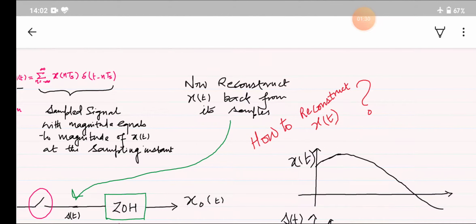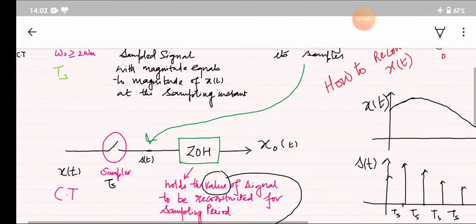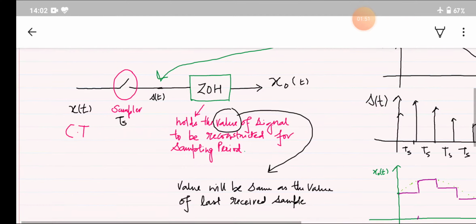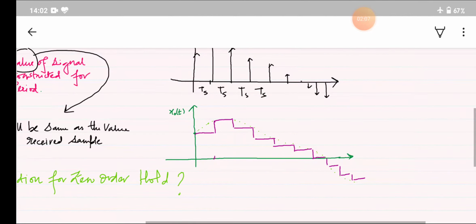Also, we have seen how xt can be reconstructed back from these samples. So how to reconstruct xt was our main task in the previous video. There you have seen that the signal xt, that is sampled as st using the sampler, when passed through a zero order hold circuit, gives us a signal x naught t, which looks like this type of signal.